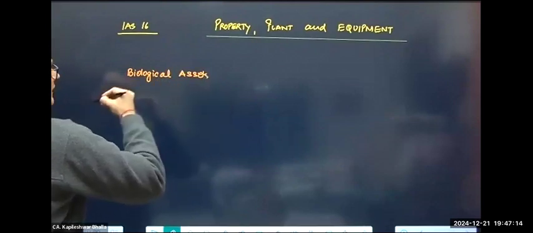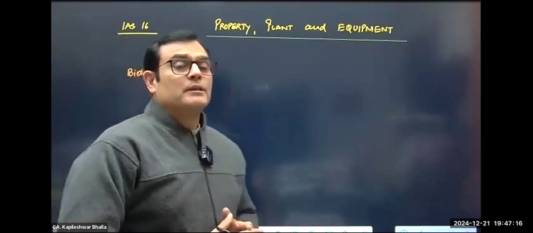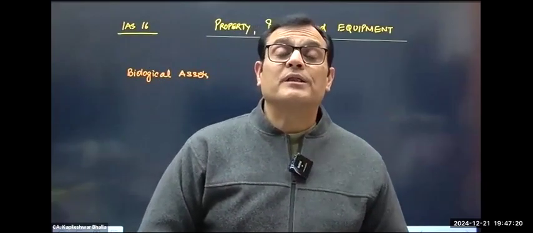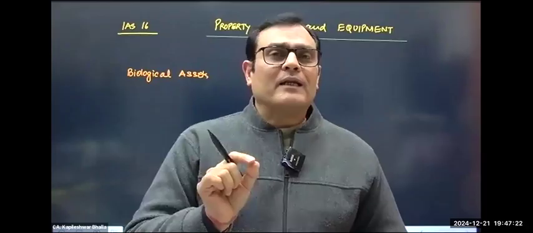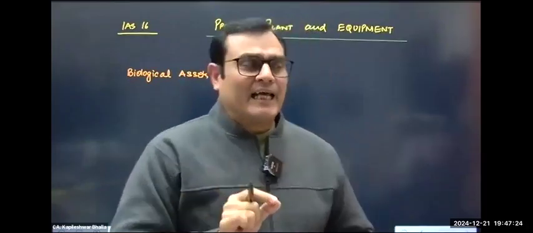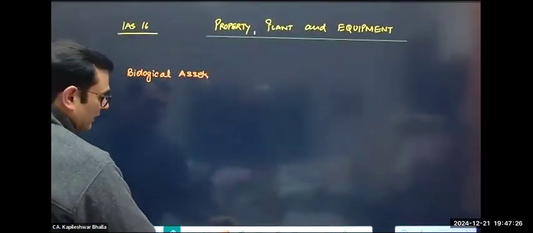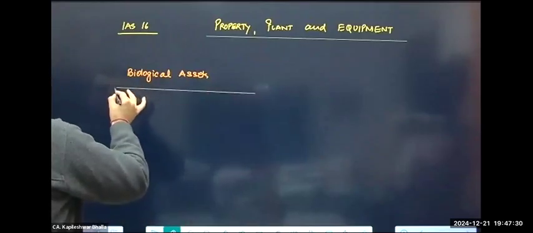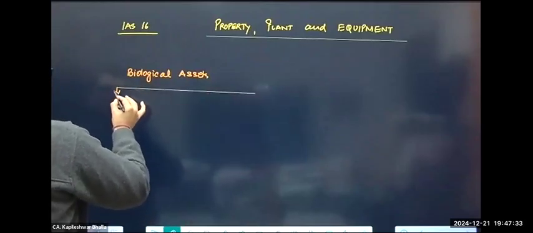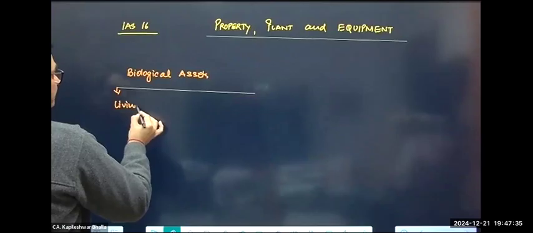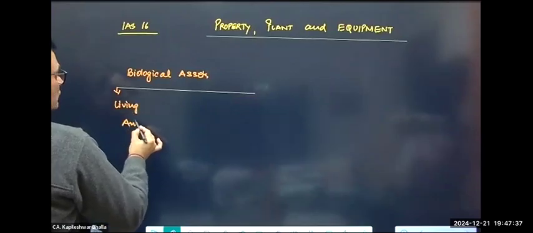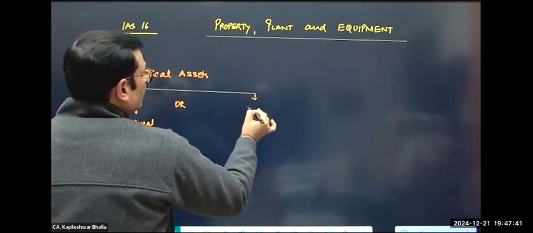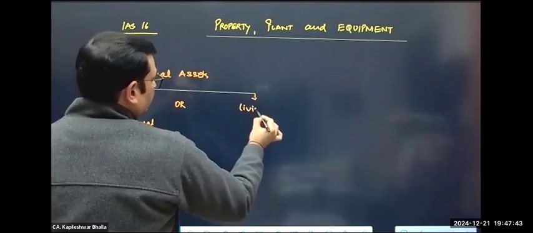The term biological asset is defined as a living animal or plant. So the definition says it is supposed to be a living animal, or a living plant.